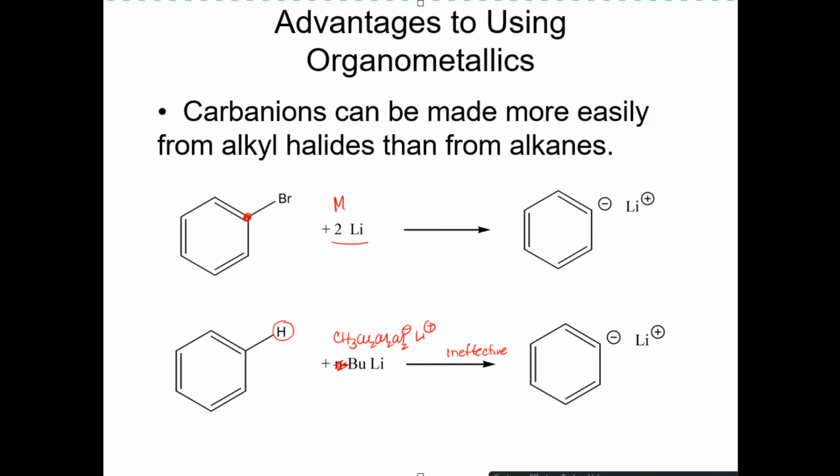So we could either use magnesium or lithium to make this C minus. So that's how we're going to do it. We're not going to use deprotonation reactions, although it is possible to deprotonate this hydrogen, but not using the reagents that we're going to talk about in this class.